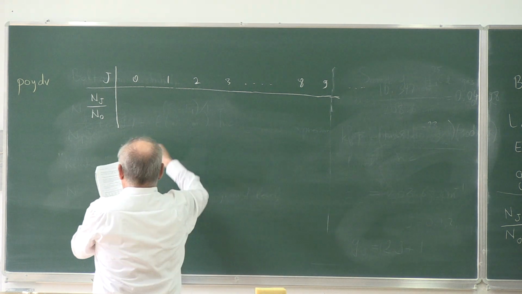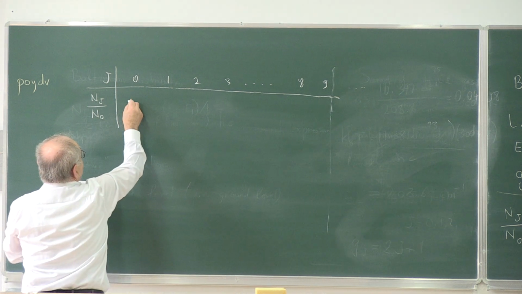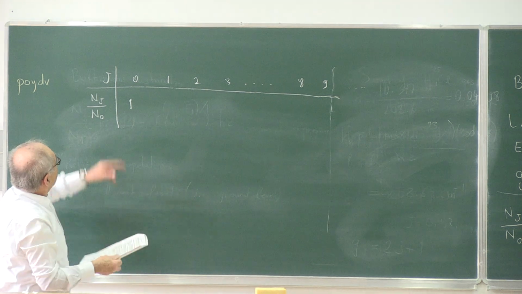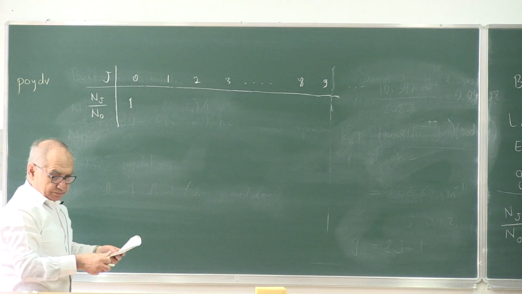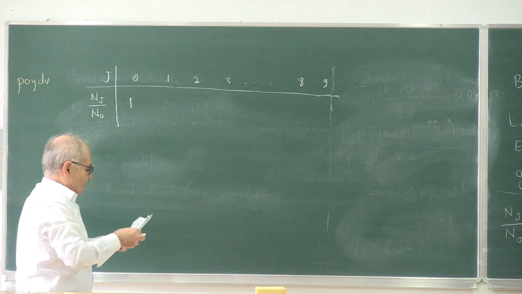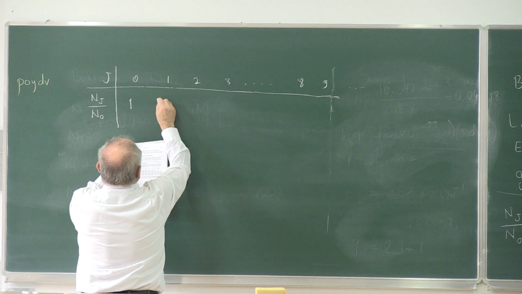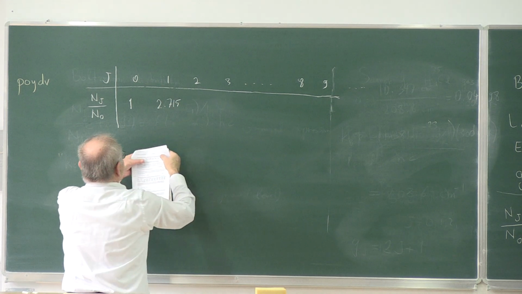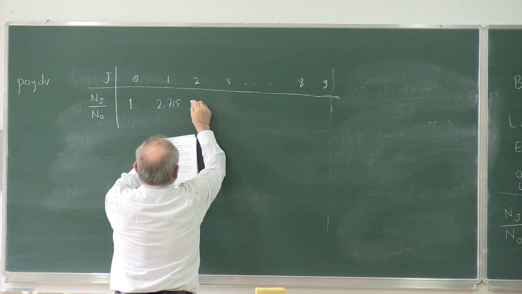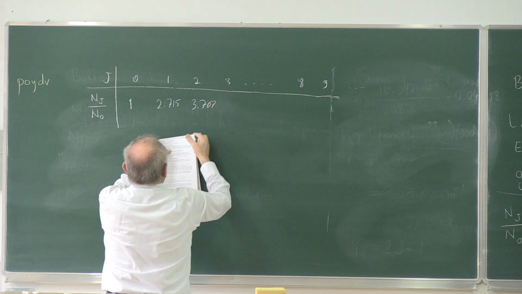So some calculations. For the ground level, by definition, this is 1, because it is N0 over N0. For J equals 1, calculation gives 2.715. For 2, 3.707.